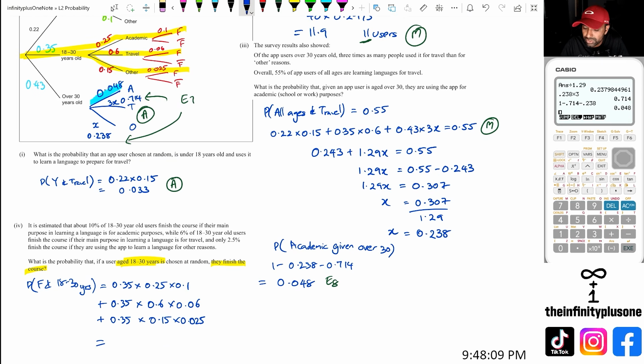Lots and lots of numbers. That's going to give me a probability of 0.0227. Interesting, they've actually gone like 5 decimal places.